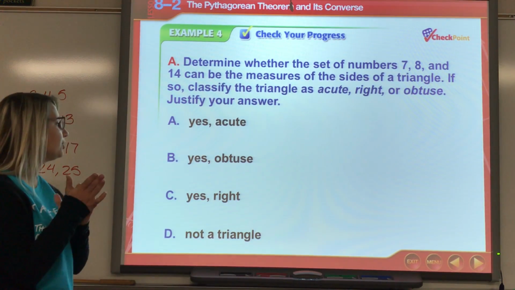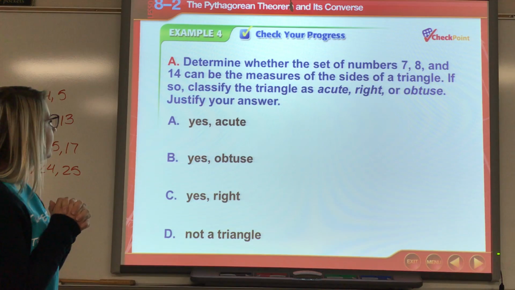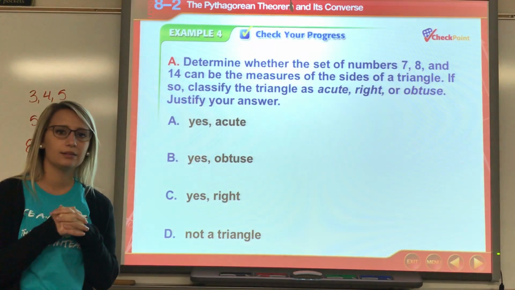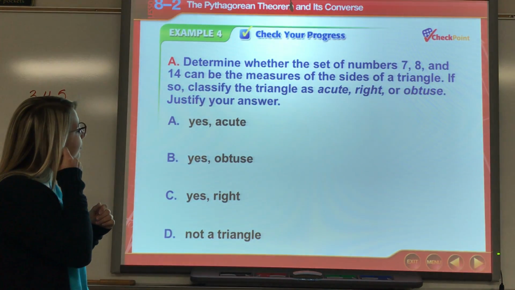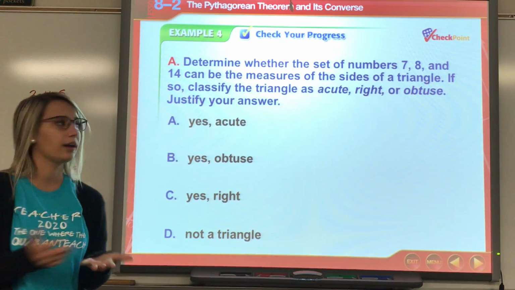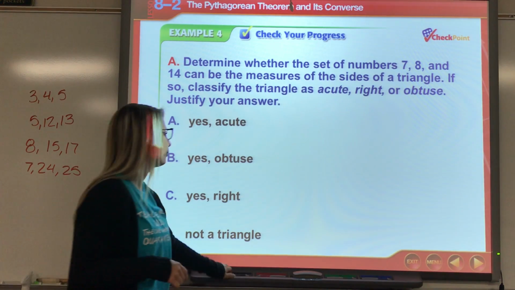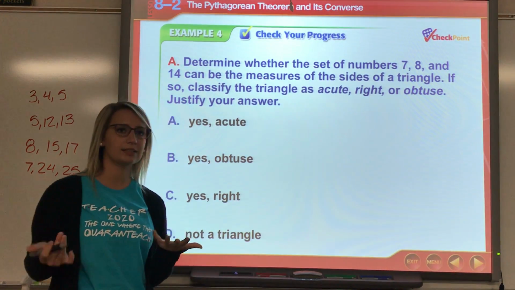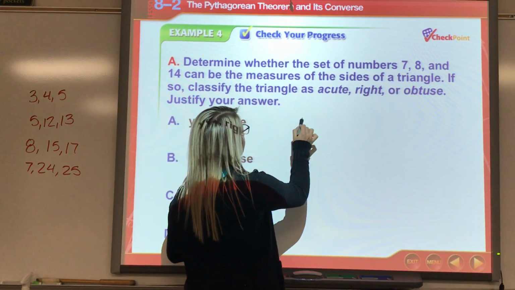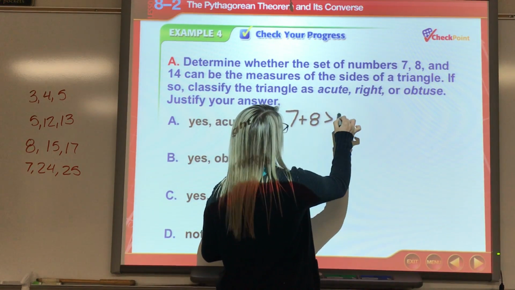Okay, here's one for you guys to try. So we're given the set of numbers 7, 8, and 14. Okay, and we have to figure out if it is a triangle, and then if it is, if it's acute, right, or obtuse. So first step, we have to check the side lengths. So we have 7 plus 8 greater than 14.